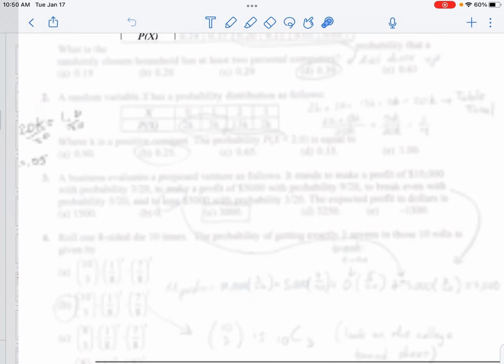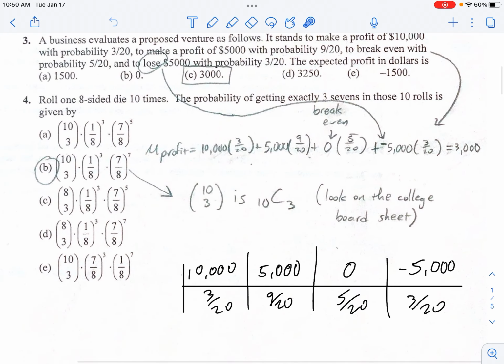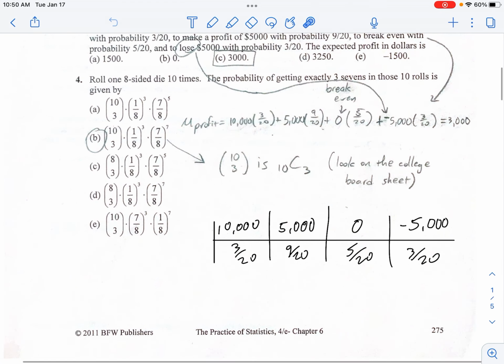All right, number 4 is just getting at the formula. So this is confusing, right? This 10(3) in a parenthesis, 10(3) is 10C3, okay? So it has to be A, B, or E because we have 10 rows.